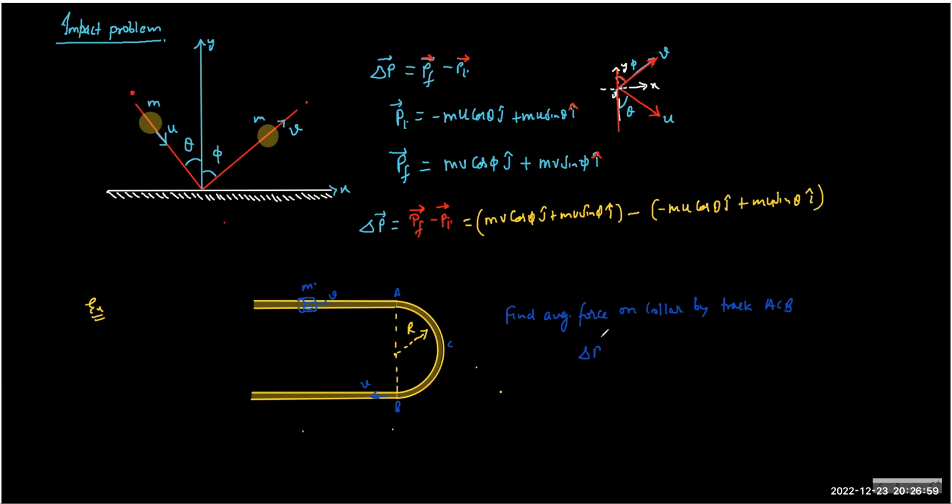What is the modulus of delta P? What is the changing momentum, value-wise? You entered at A and you left at B. So how much momentum change did the track produce? Tell me.